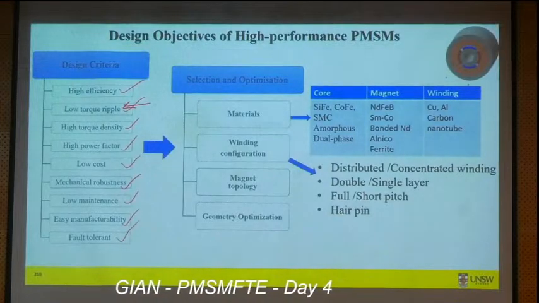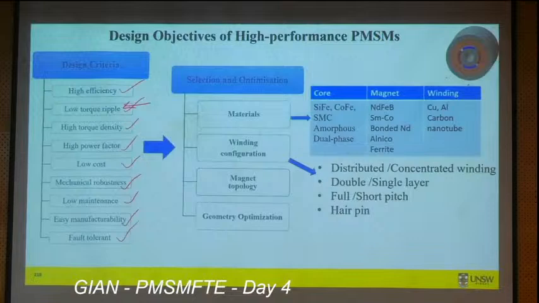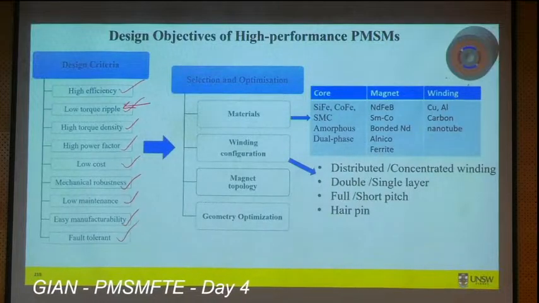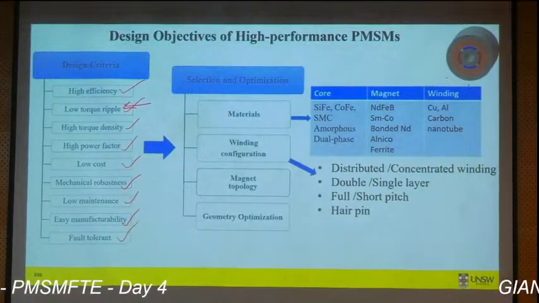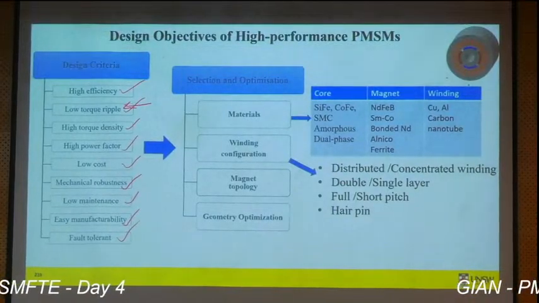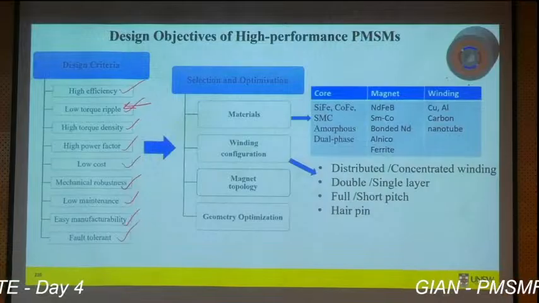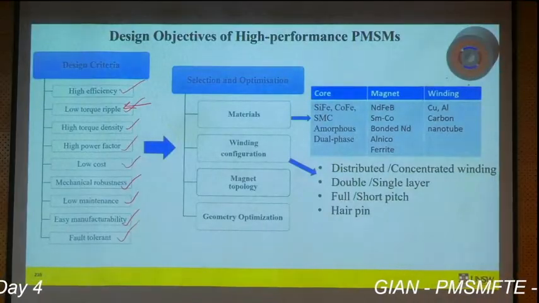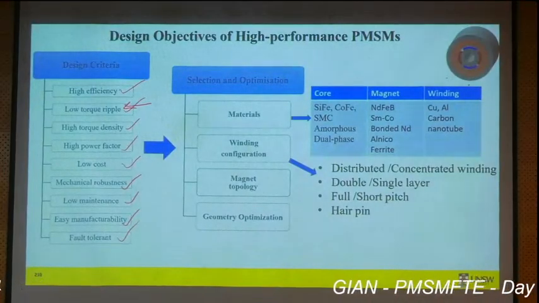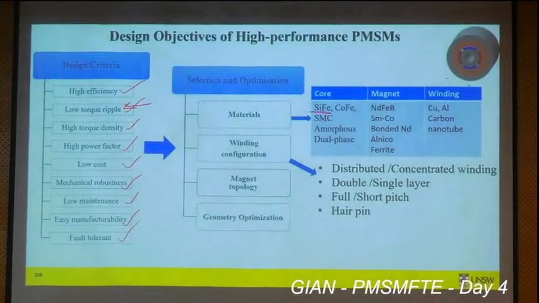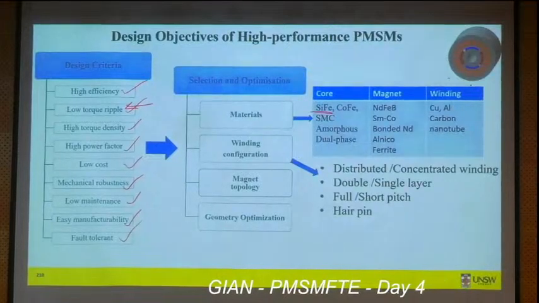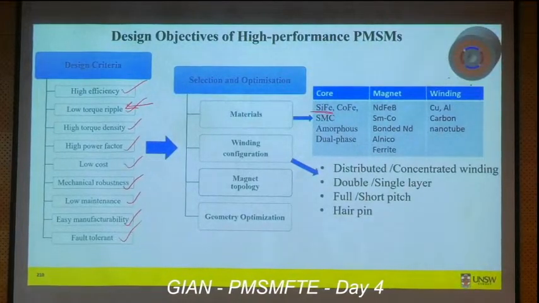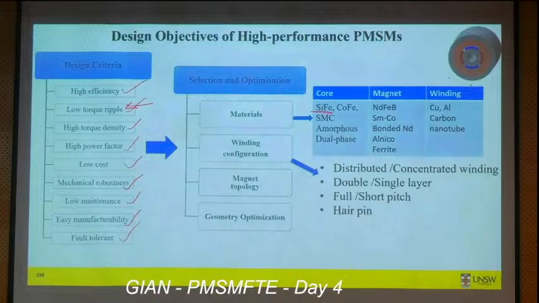Next, once we have decided our criteria or objective, the next is to select, right? Because we could have different options. For example, under material, although most commonly used is silicon iron, or known as electrical steel. So this is what is almost in all electric machines we use, right?